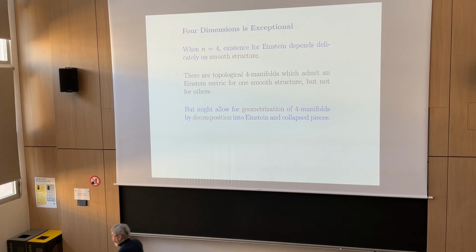And that's what happens in dimension 3. It's not that every three-manifold admits a metric of constant sectional curvature, but rather that you can break up an arbitrary three-manifold into pieces which have either a constant sectional curvature metric or a kind of collapsed geometry.